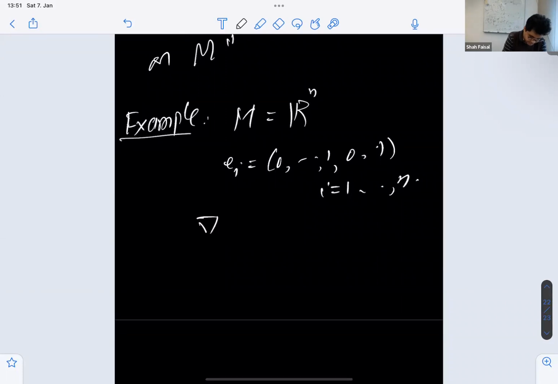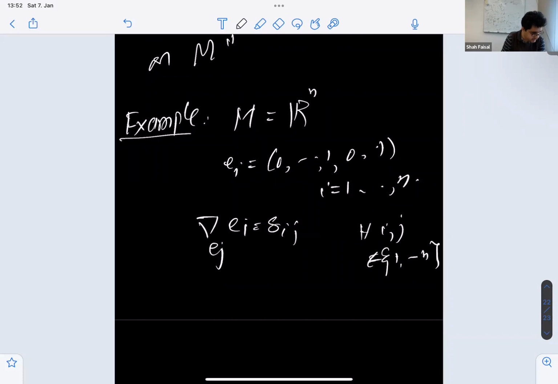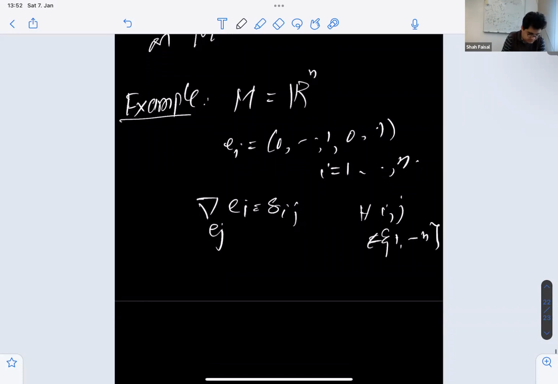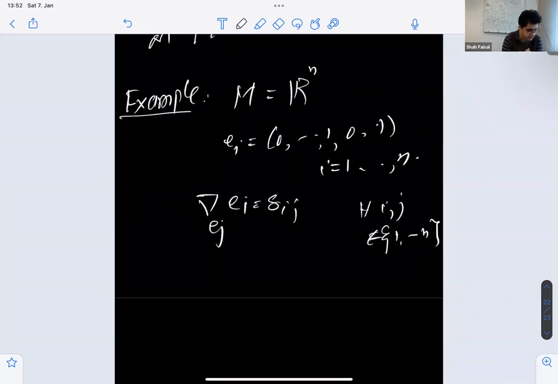So if you define the derivative of e_i with respect to e_j for all i and j belonging to 1 to n, then you're done. So let's define it by the Kronecker delta: if i and j are equal, this is equal to 1, otherwise 0. This gives you a derivative of vector fields, and this is the Newtonian derivative in calculus. It's the standard derivative.